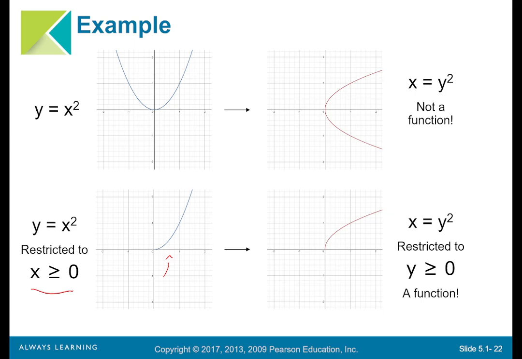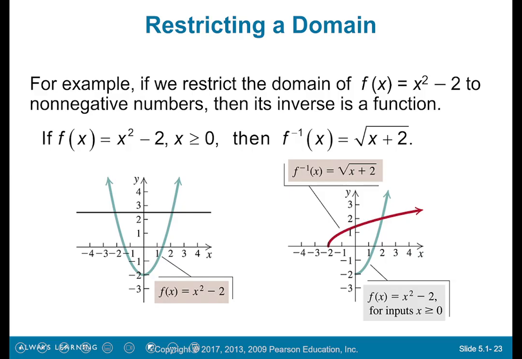It's x equals y squared. It's actually y equals the square root of x when you solve for y here. And we do actually get an inverse function. We actually have that y will also be greater than or equal to 0. So super helpful to restrict the domain. We like to do this sometimes.